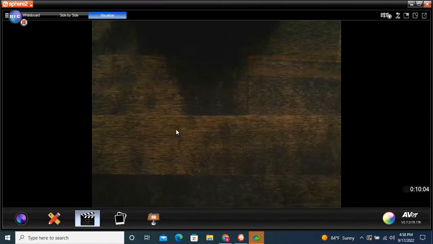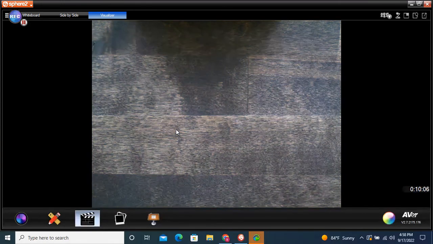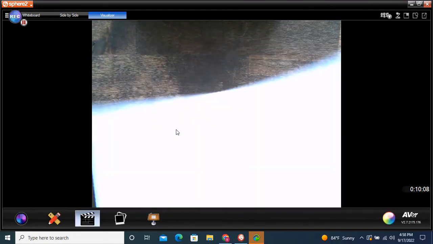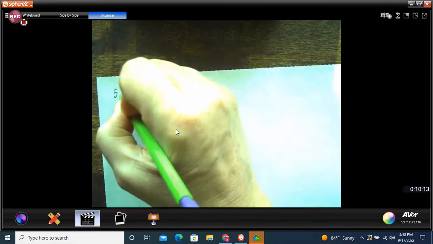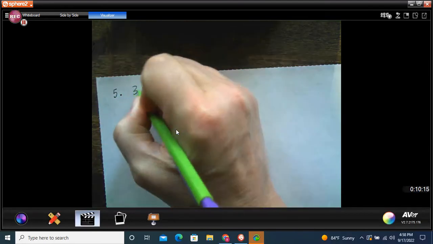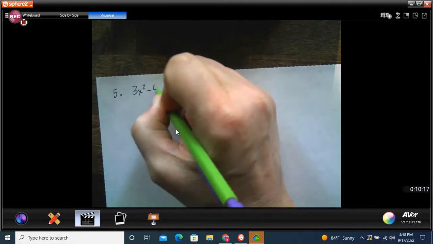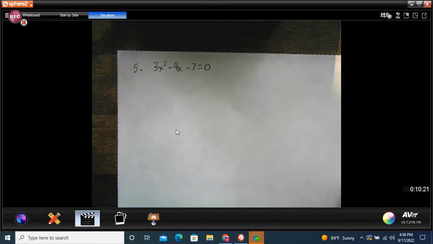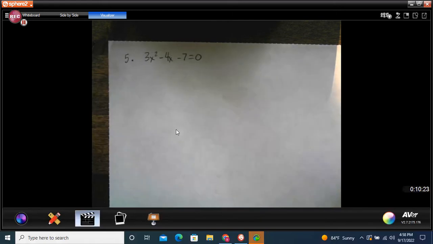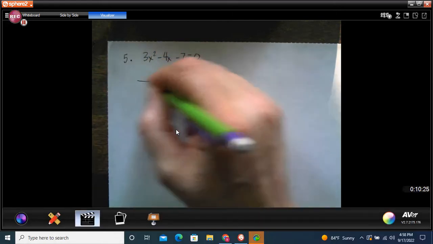Okay. And now I'm going to go back to number 5, which is 3x squared minus 4x minus 7. Okay. Now I think I can make that thing factor.